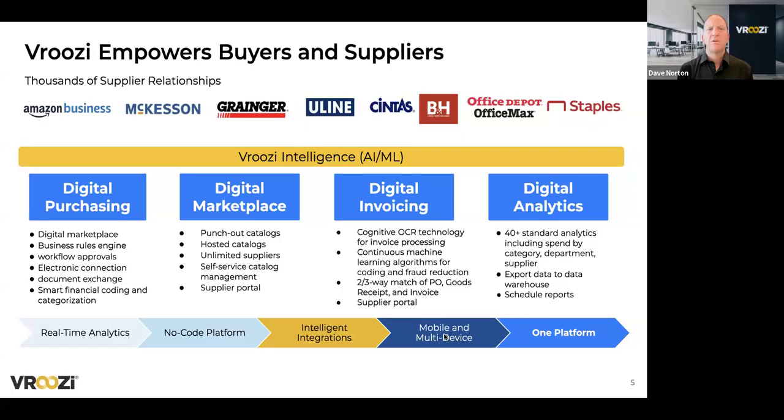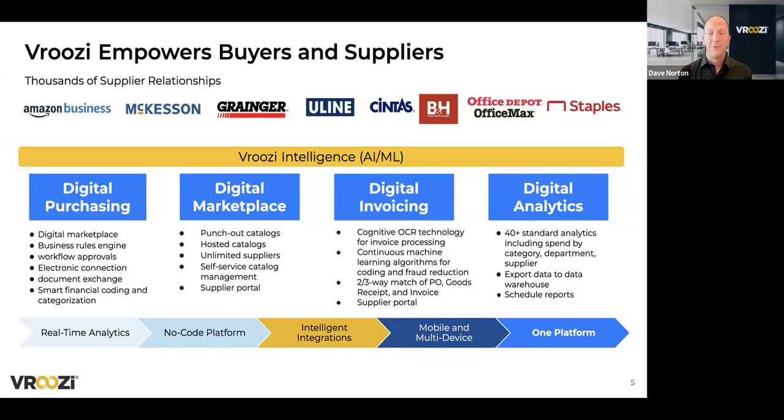You might wonder, well, who are some of those suppliers today? You can see at the top of the screen, McKesson, Grainger, Cintas, B&H, etc. And we have so many more that many of our customers utilize today. As you think about the digitization of purchasing, your workflows, electronic connections, smart finance coding, we will stand up with you and partner and digitize that entire process for you, as we will with the marketplace, invoicing, and analytics.